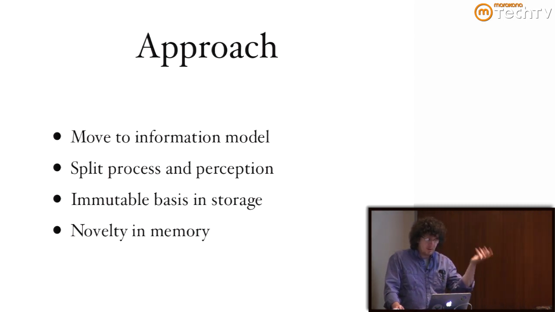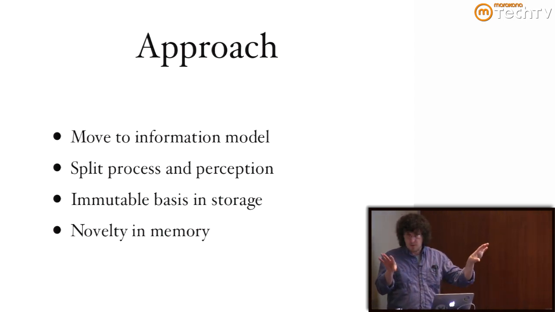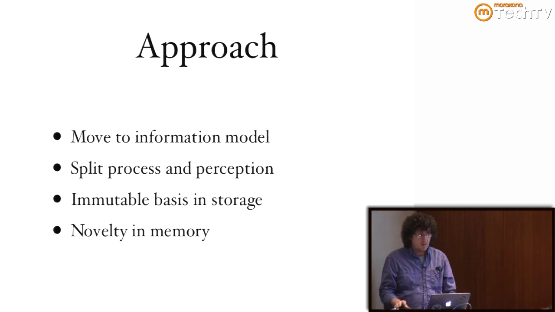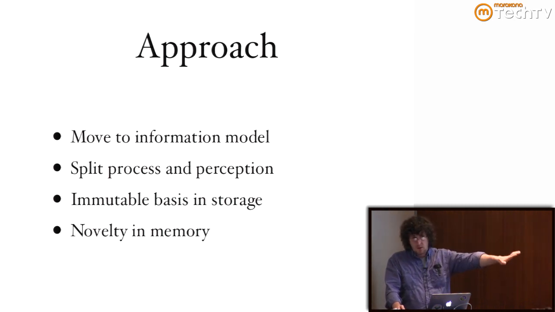So we're going to move to an information model. We'll see how that plays out. We're going to split process and perception. And I have a diagram later that will make that clearer. We're going to treat our use of storage immutably. In other words, we're going to store stuff, but once we've stored it, we're not going to change it.